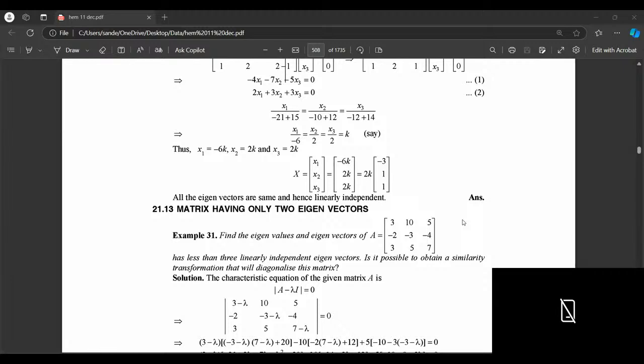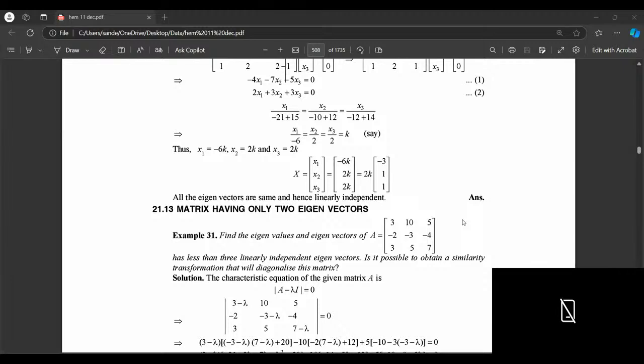Then we have seen 4 different methods to find eigenvectors. Not different methods, 4 different matrices are given: non-symmetric matrix with different roots, non-symmetric matrix with repeated roots, symmetric matrix with different roots, and symmetric matrix with repeated roots. For non-symmetric and symmetric matrices with different roots, the procedure is the same.